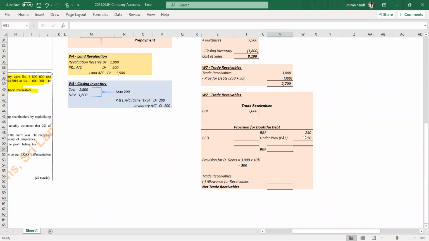Balance brought forward, 300. This is using ledger account. Right? So trade receivable is 3,000. Allowance for receivable or provision for doubtful debt is 300.